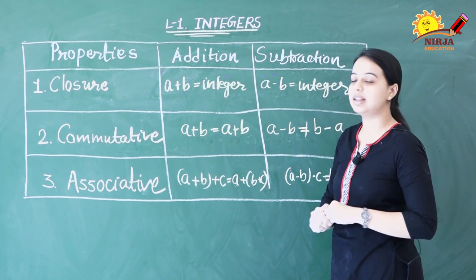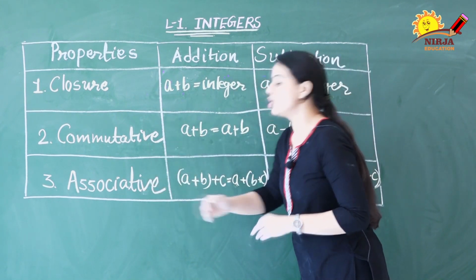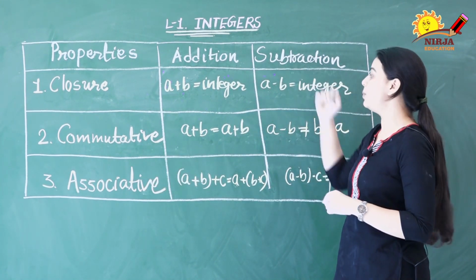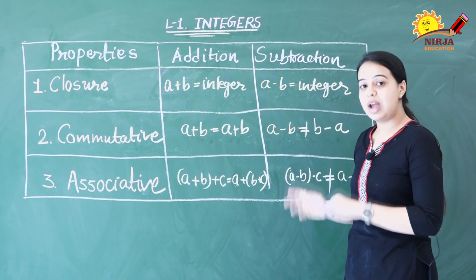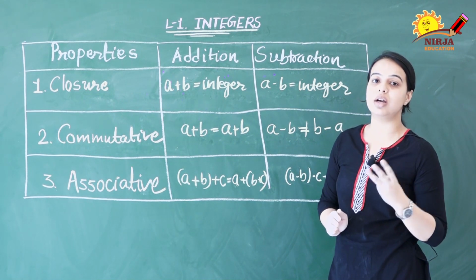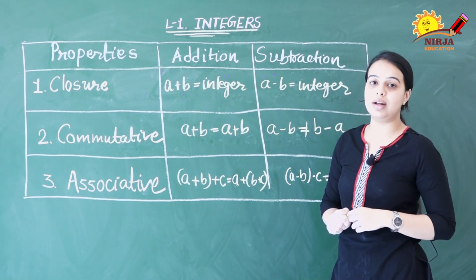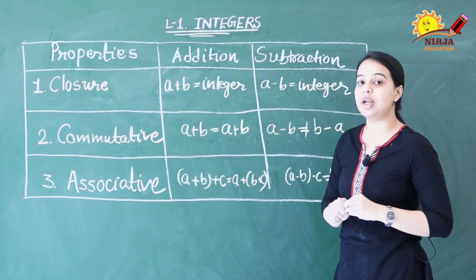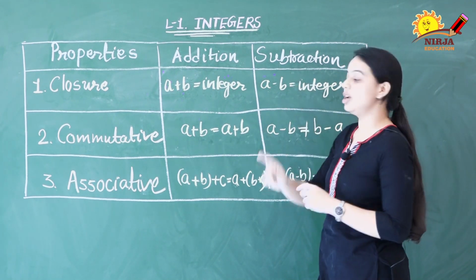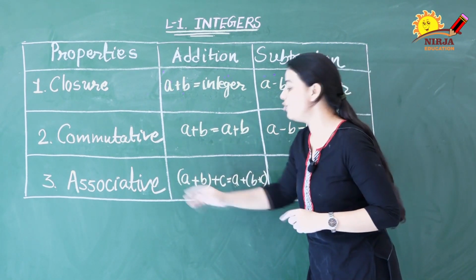So we can say addition is associative for integers, but not the same for subtraction. Why? Because whenever we do subtraction of any three integers and change the order, the result is also going to change. So we can say subtraction is not associative for integers.